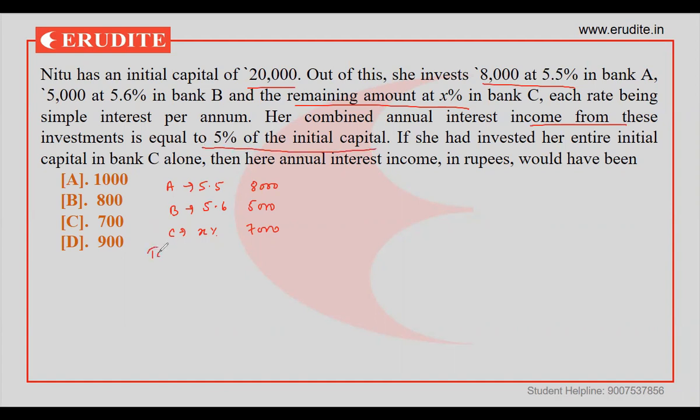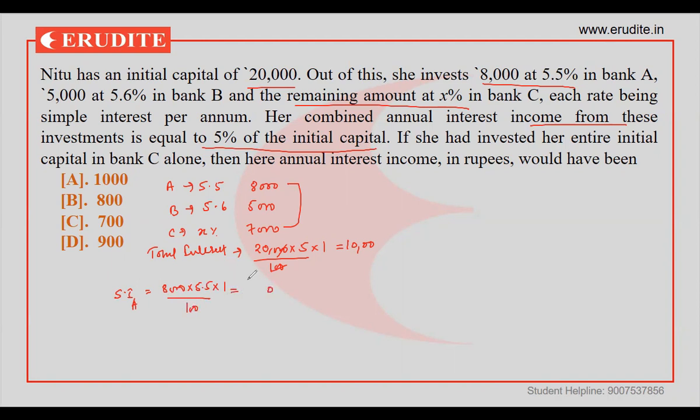So total interest you can find out. Principal is 20,000 into rate is 5%, time period let's say 1 year, by 100. That is coming how much? 1,000. Right? So the total interest you can calculate for each bank is how much? For Bank A, simple interest will be 8,000 into rate 5.5 into 1 by 100.